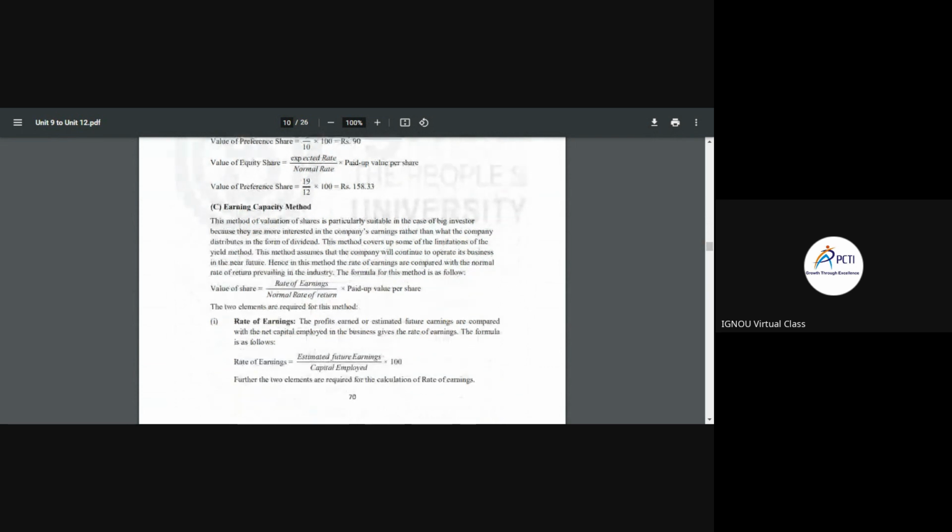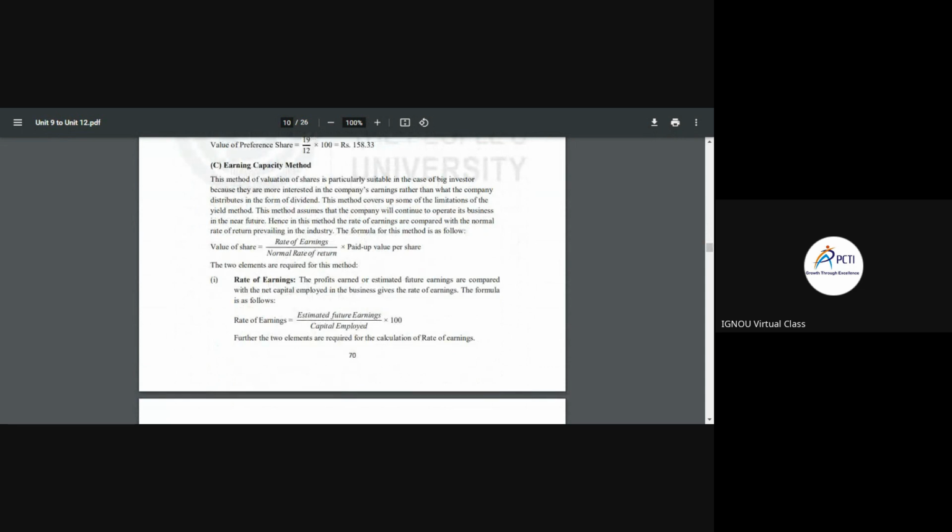Next one is earning capacity method. This method of valuation of share is particularly suitable in the case of big investors because they are more interested in the company's earning rather than what the company distributes in the form of dividend. This method covers up some limitations of the yield method.